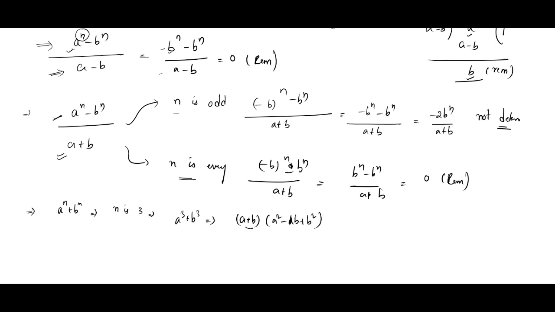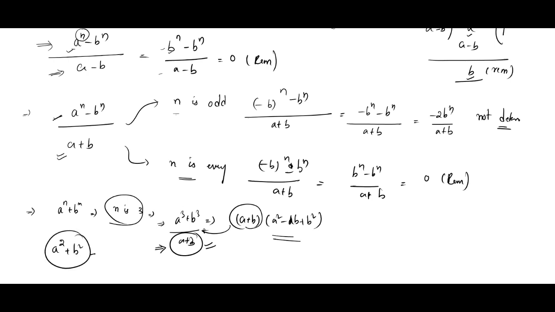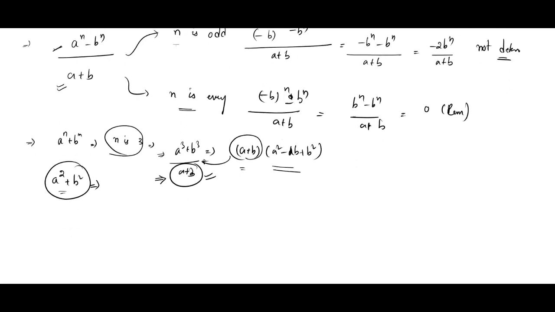If I write this a plus b in the denominator, I get a square minus ab plus b square. So a cube plus b cube is completely divisible by a plus b when n is odd. In the even case, if you take 2, a square plus b square, there is no other formula to write it in this form. That's why that statement is false when n is even.